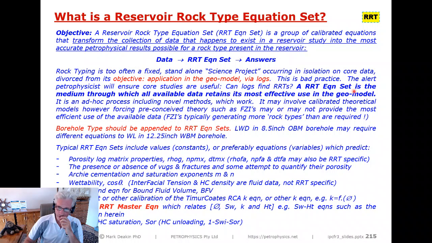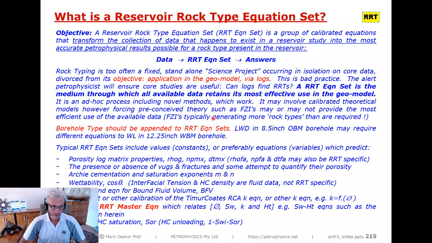Now, a reservoir rock type equation set is the medium through which all available data retains its most effective use in the geological model. And as I said, it's an ad hoc process because it's a function not only of the actual reservoir, the geology, it's also a function of the data set that you've got with that geology. So those two things mixed together, that's why it's sort of an ad hoc process.